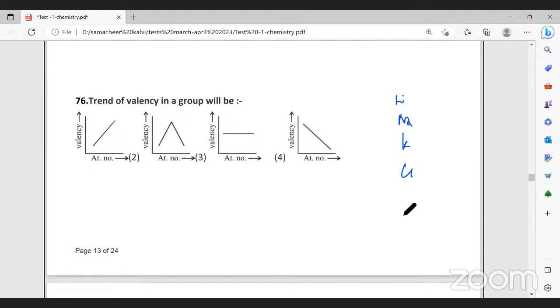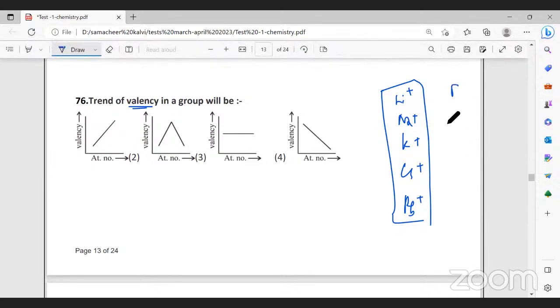All of these have oxidation number 1. So in a particular group, the combining capacity will not have any variation; it will remain the same. If you take the halogen family also, F minus, Cl minus, Br minus, I minus, the valency is 1 here, not -1. It can combine with 1 positive charge.